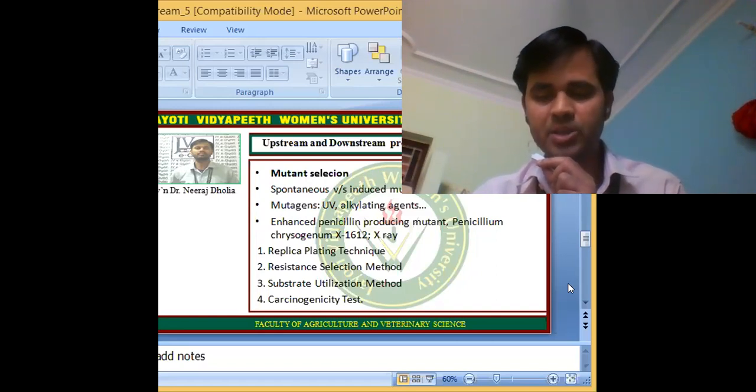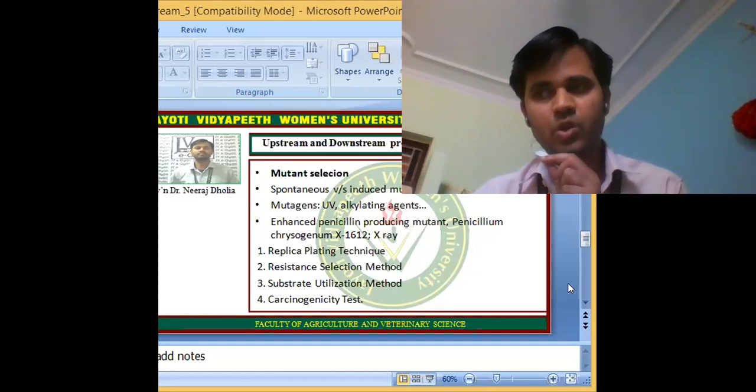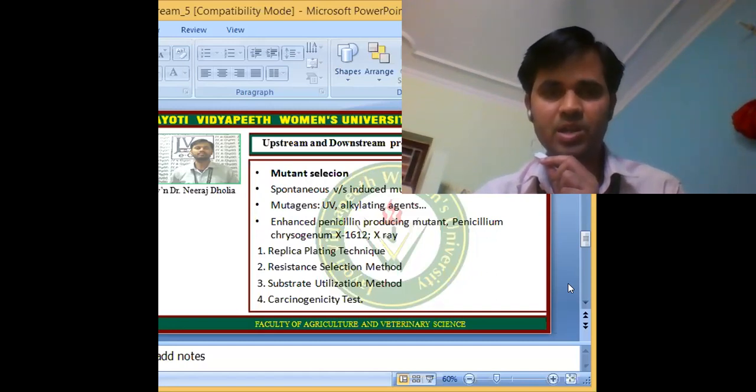So we will prepare a culture plate which contains a specific antibiotic and grow the microorganism on the plate. If growth is there, it means the bacteria growing on the plate is resistant to the specific antibiotic which you have added.